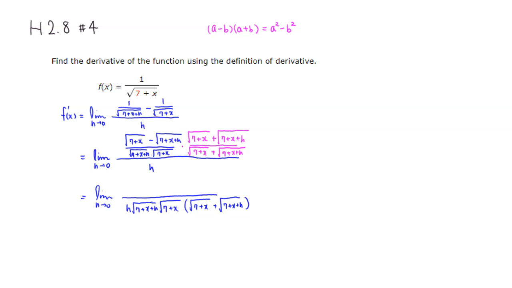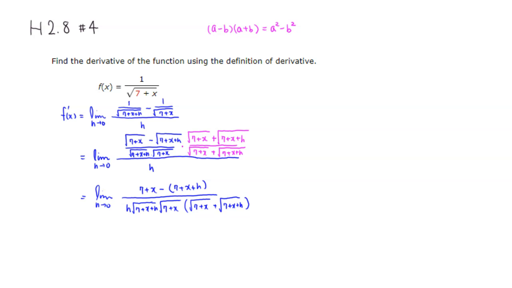Then on top, you have a minus b times a plus b form, a squared, which is just 7 plus x, minus b squared, which is just 7 plus x plus h. Be sure to put a set of parentheses because this negative sign applies to all three terms there.